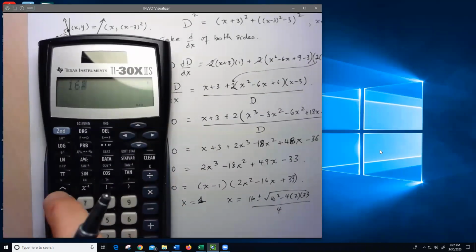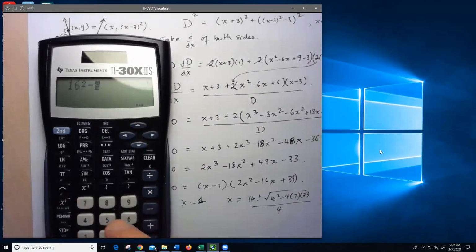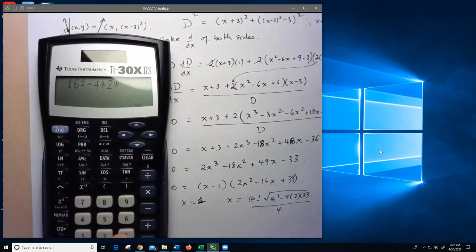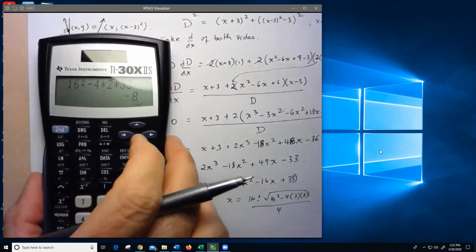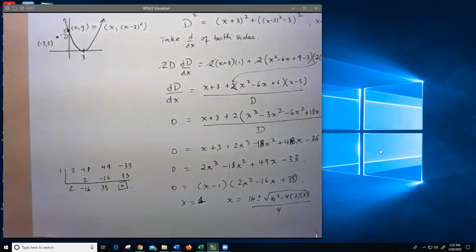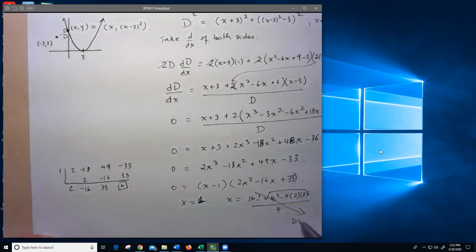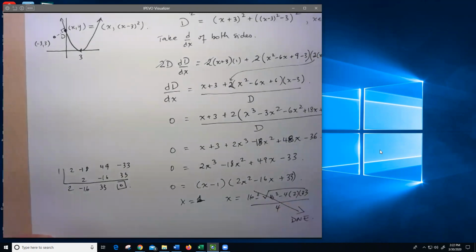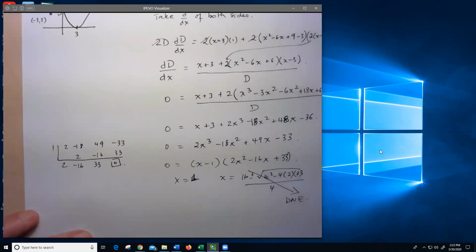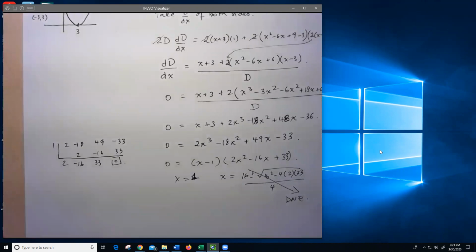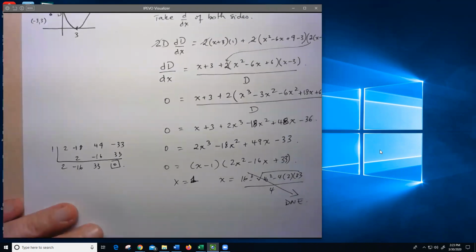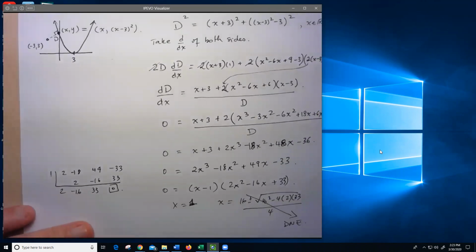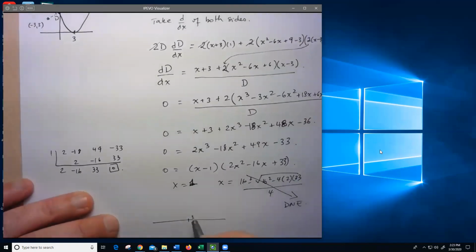Okay, so 16 squared minus 4 times 2 times 33, and we get a negative number, so does not exist. All right, so that means that our only critical point is at 1. Okay, so let's test our derivative.